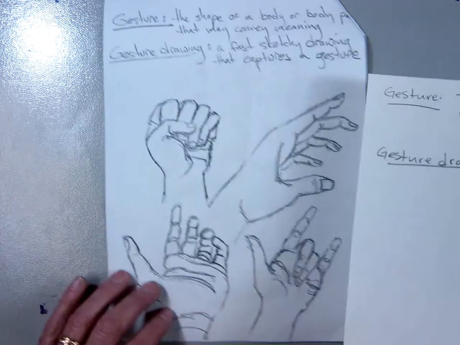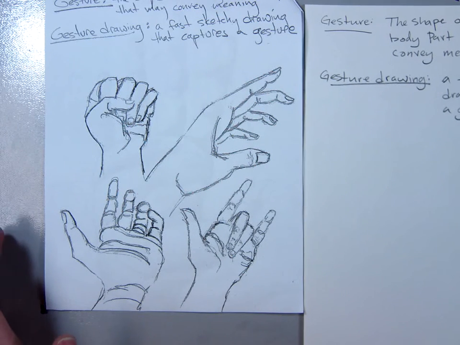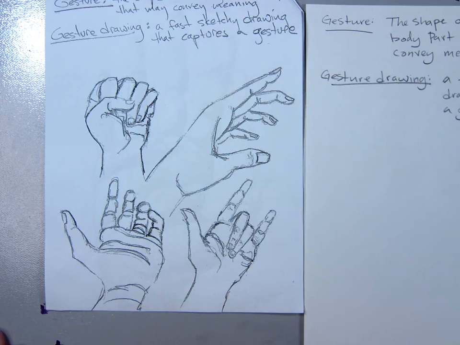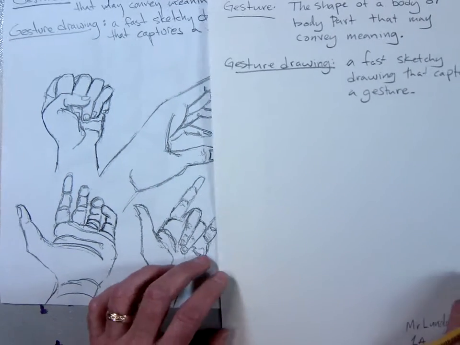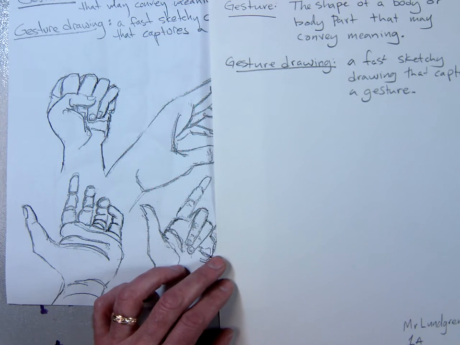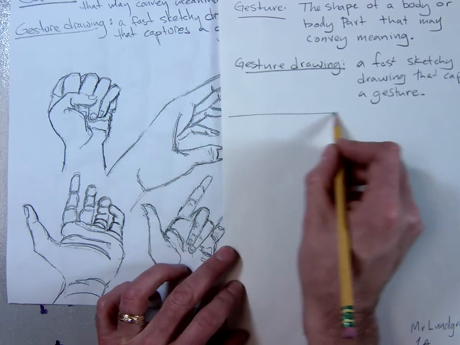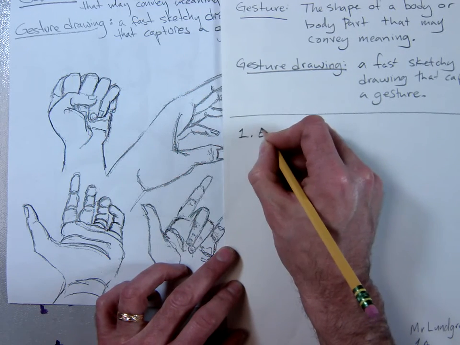Okay? Now, for the method, there's multiple methods. There's innumerable ways of how you could go about this. But when I teach gesture drawing, these are the things I like to teach. I like to teach the concept of the envelope. Okay, so I'm just going to draw a line here. I'm going to do step 1, envelope.